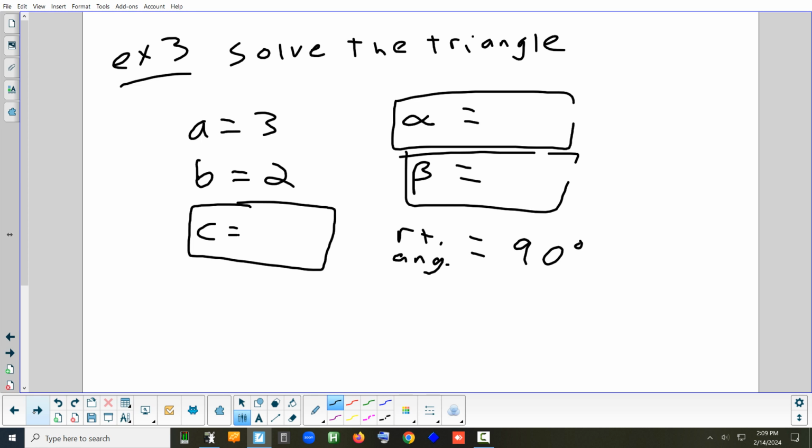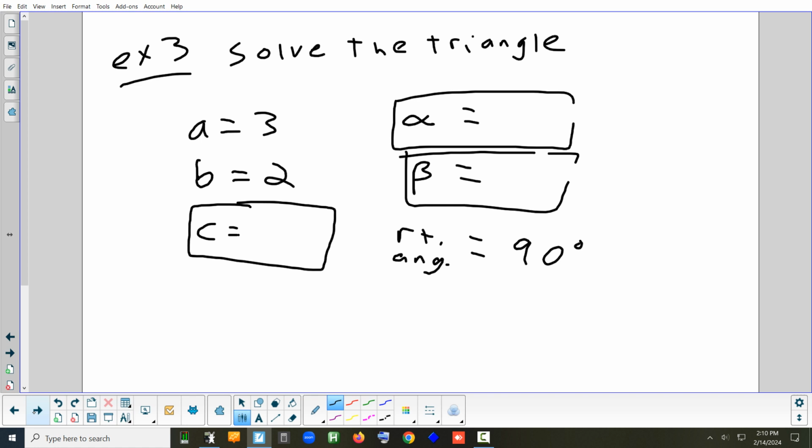Now in this type, you don't have any of the angles, so you're not going to be able to just add one of them up and subtract from 90 quickly. But there is something you can do this time that I'm okay with that I wasn't okay with before.